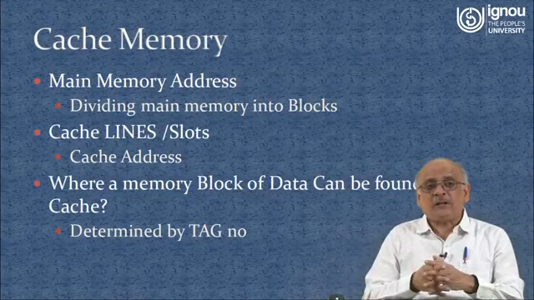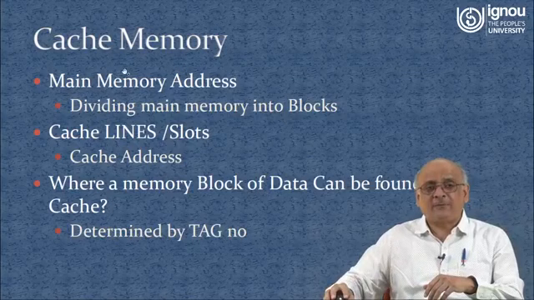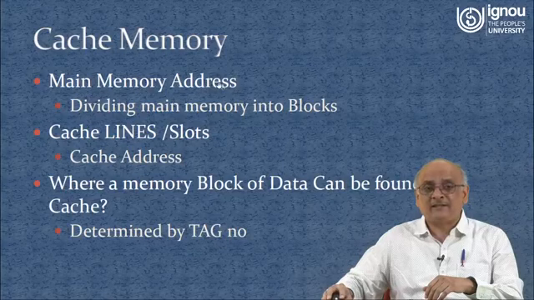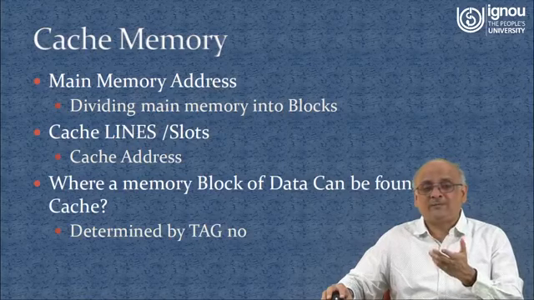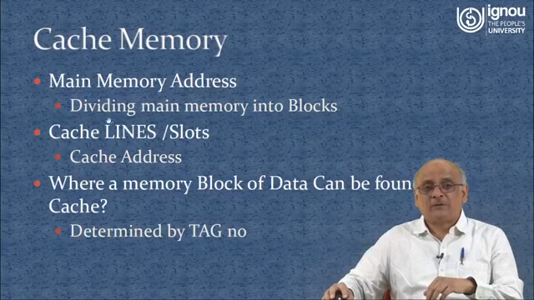Okay. So the basic terms last time also we discussed. Main memory address, you all know, is a binary address in general. If my main memory size is 1 MB, that is 2 to the power 20, so I will be requiring 20 bits. So 20 bits will be the size of my address.